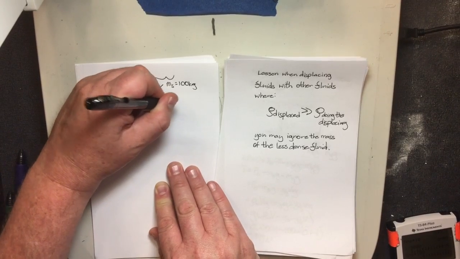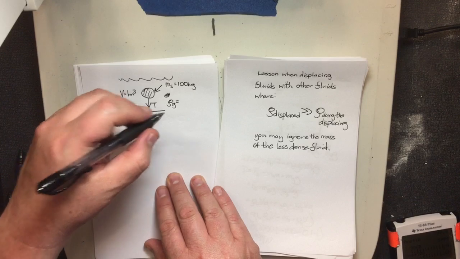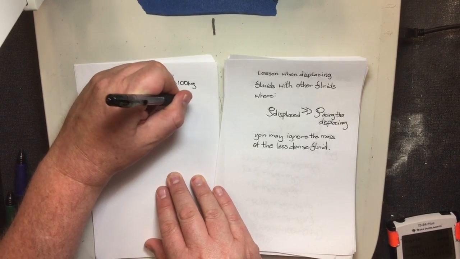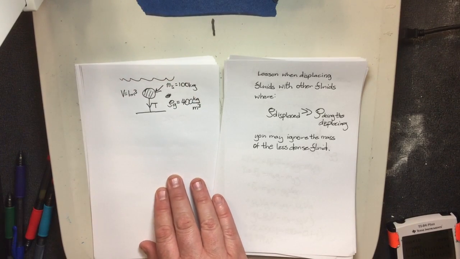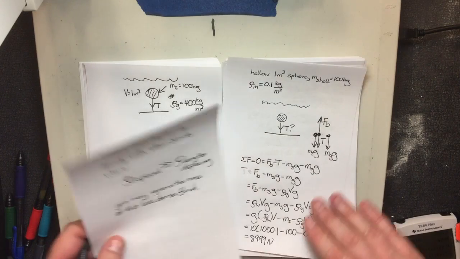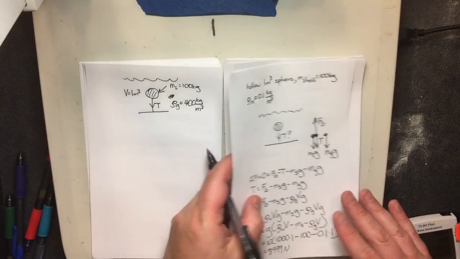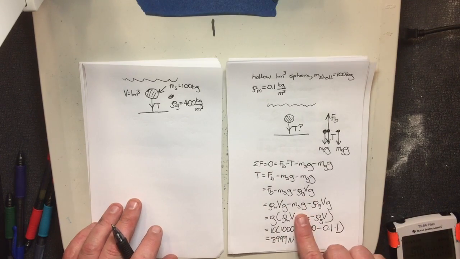The density of the gas is 400 kilograms per cubic meter. In order to do this, now you do have to keep track of this density. The setup is the same exact thing as this.